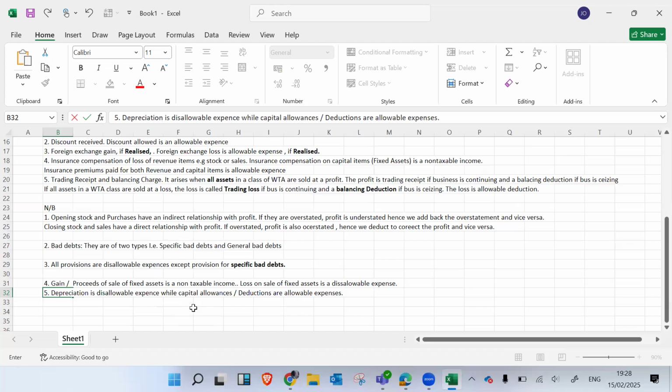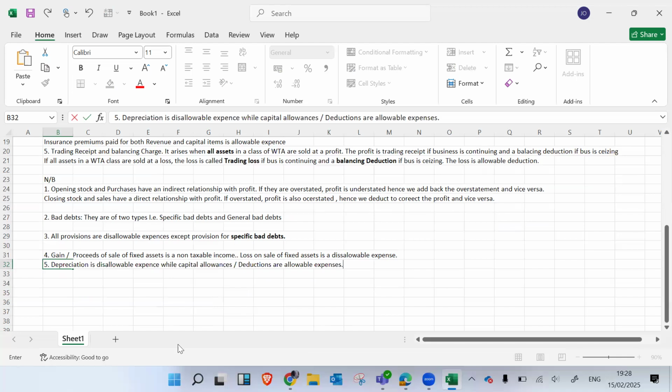We allow capital allowances, but we disallow depreciation. Depreciation is for the accountant, capital allowances or capital deductions are for the tax people. Great.